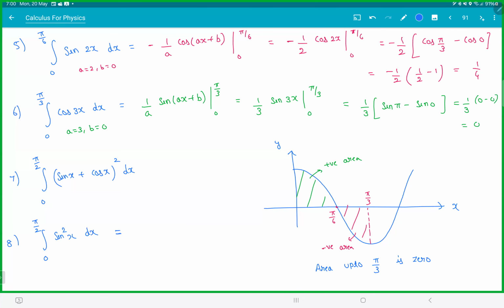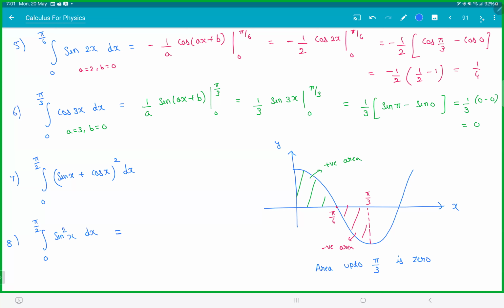What about 7? Integral of (sin x plus cos x) whole square. You get pi by 2 plus 1, something like that.